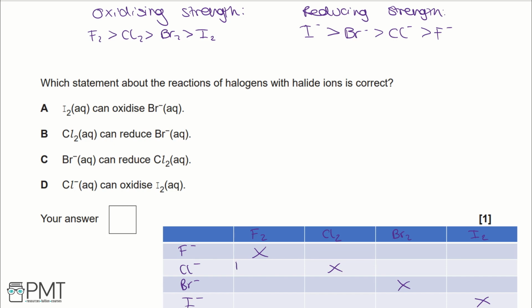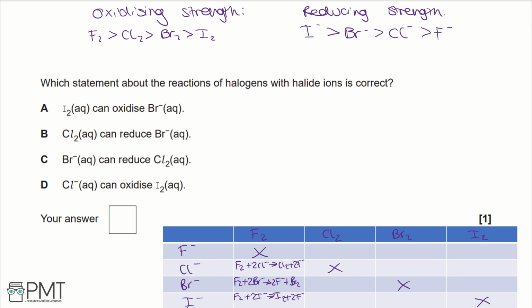So we're going to have F2 plus 2Cl minus goes to Cl2 plus 2F minus. Then F2 plus 2Br minus goes to 2F minus plus Br2. Then F2 plus 2I minus goes to I2 plus 2F minus.